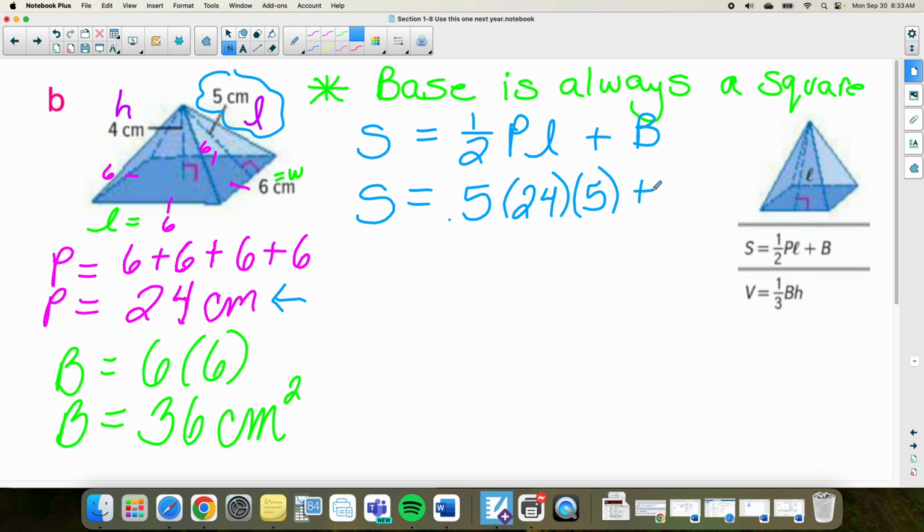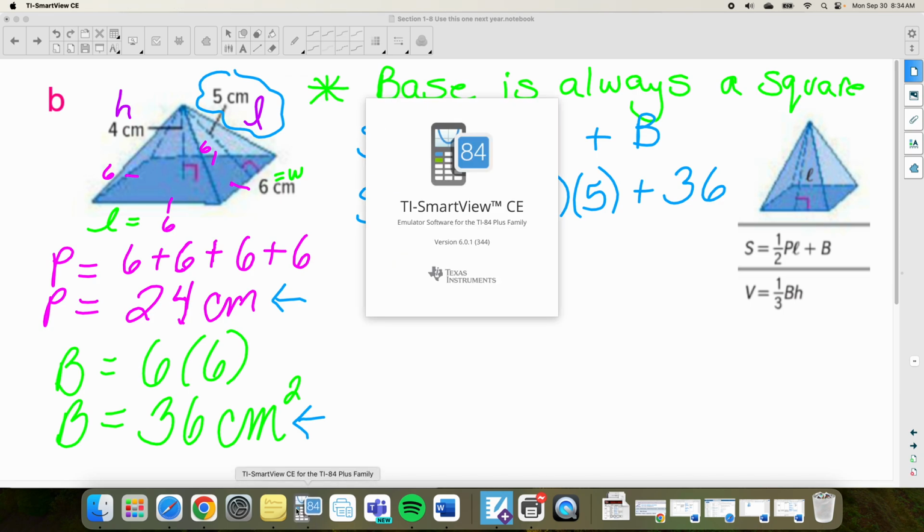And then it's plus the area of the base, which is right here, which is 36. Okay, and then you're just gonna go ahead and type that into your calculator. So you're gonna just do 0.5 times 24 times 5 plus 36, and you can type it in exactly how it looks.